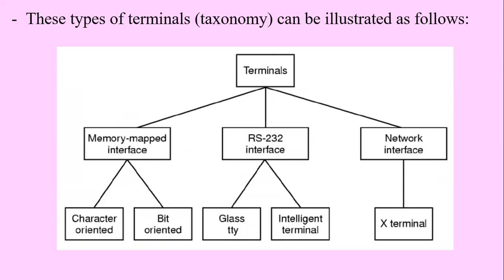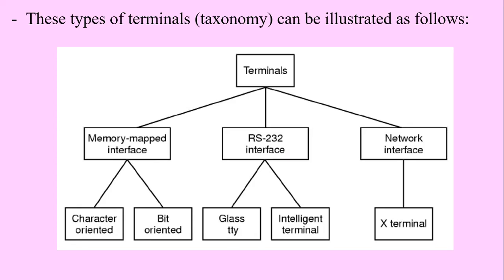These types of terminals, which we also call a taxonomy, can be illustrated as follows. From this diagram, my dear students and the rest of the learners, you can see that generally terminals are categorized into three. These are the memory-mapped interface, the RS232 interface, and the network interface.